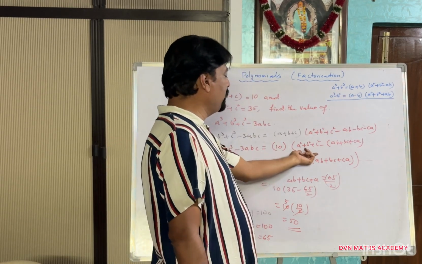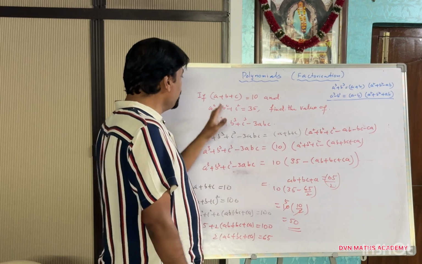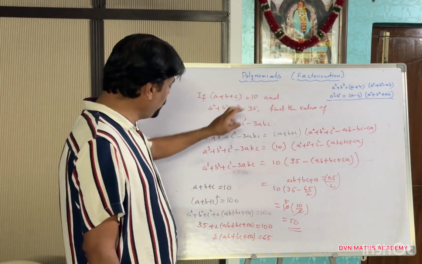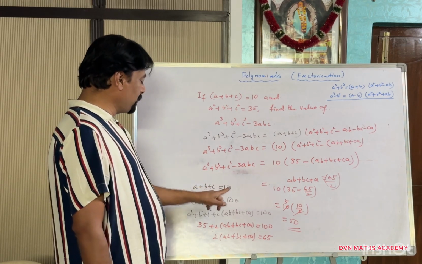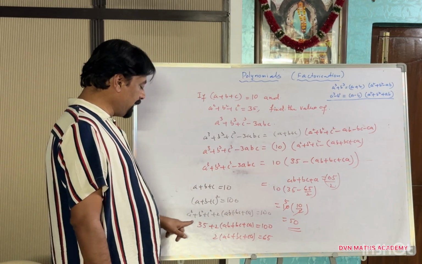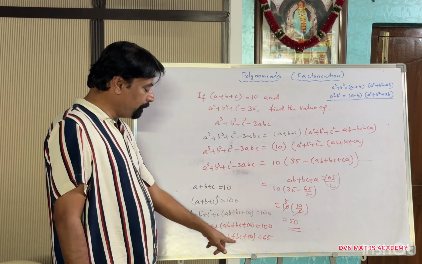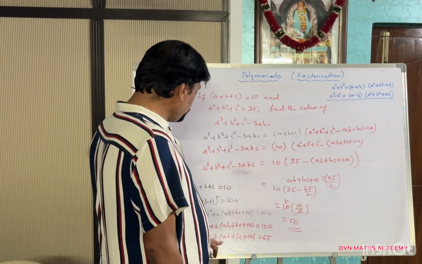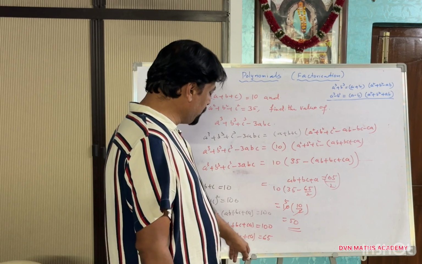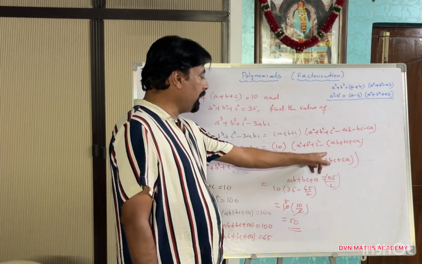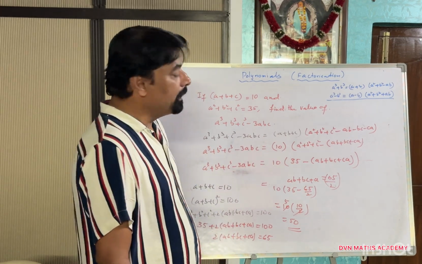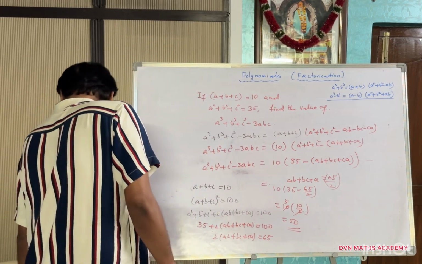That value you will get from the given, that A plus B plus C is equal to 10. If you square on both sides, you will get 2 of AB plus BC plus CA is equal to 65, then AB plus BC plus CA is equal to 65 by 2. If you substitute that value, you will get the value of A cube plus B cube plus C cube minus 3ABC as 50.